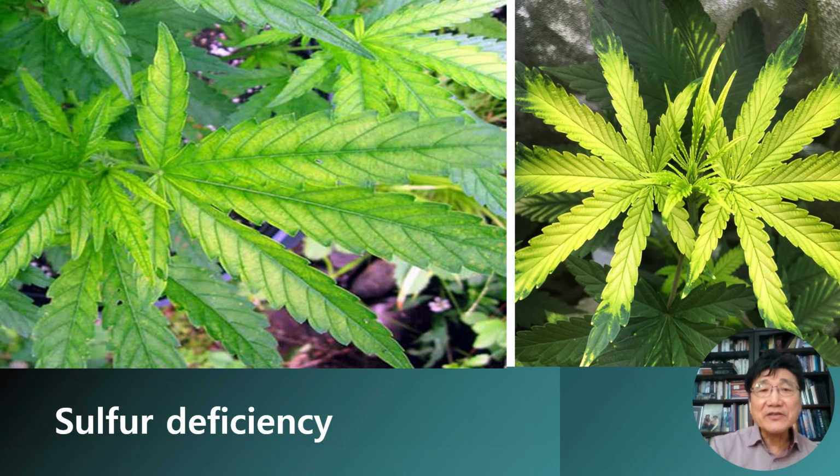If a sulfur deficiency occurs, yellowing of leaves is the most common symptom, starting with the young leaves and then spreading to older leaves. Sulfur deficiency is found in the upper leaves. Sulfur is an essential nutrient for cannabis plants, playing a vital role in protein synthesis, enzyme function, and terpene production.